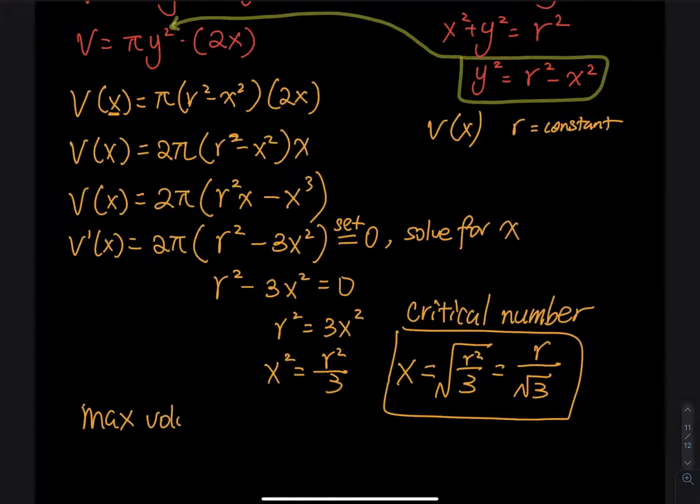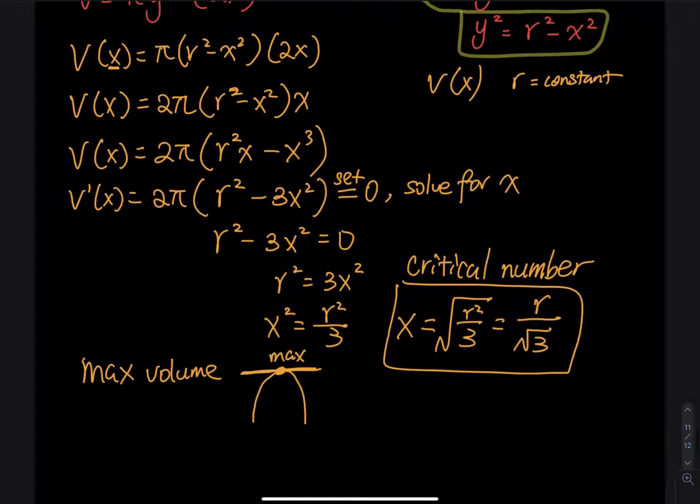So what we are hoping to see is a concave down. That means when x equals that quantity, we have the first derivative equal to 0, meaning that we have a horizontal tangent line. So if we get a concave down, that means when x equals r divided by root 3, we have a maximum right there. So let's proceed to the second derivative.